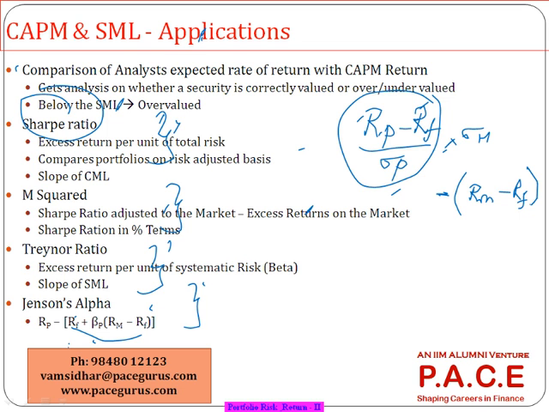Again, if M squared is positive and high, it's an indicator that your portfolio has done a much better job. If your M squared is negative or lower, your portfolio has not performed to the expectation. So these are the 4 different ways in which people use these concepts to measure the effectiveness of the portfolios also.